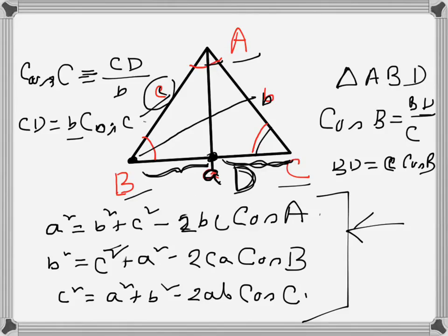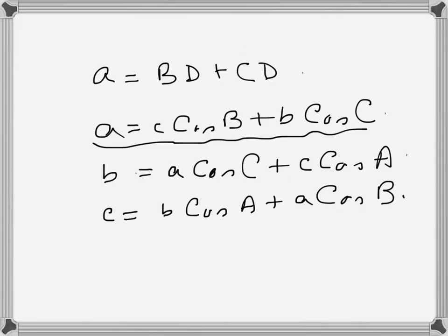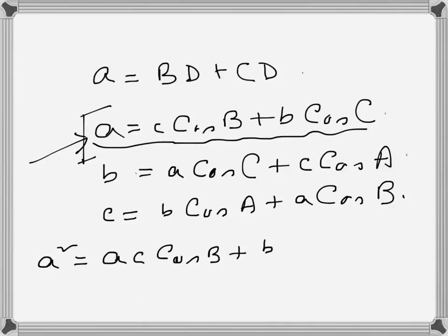Now let's say we want to prove this one, so we want a square. Let's take the first equation and multiply both sides by a. So we get a square equals ac cos B plus ab cos C. Then we take the second one and multiply both sides by b.